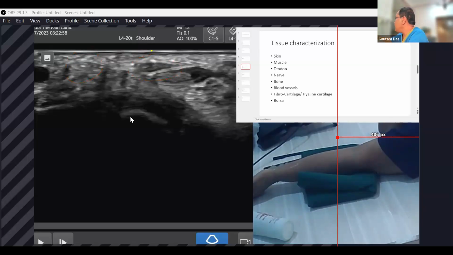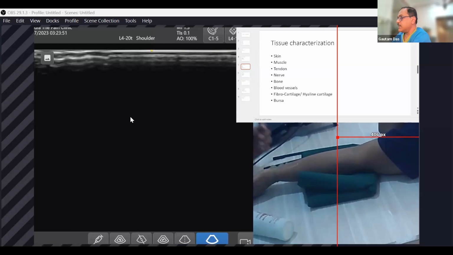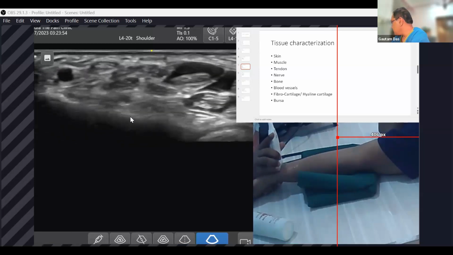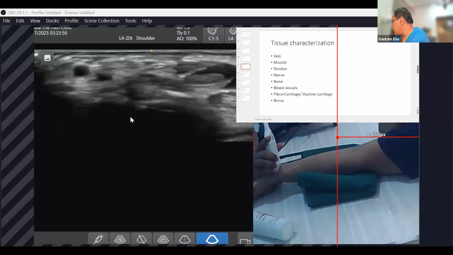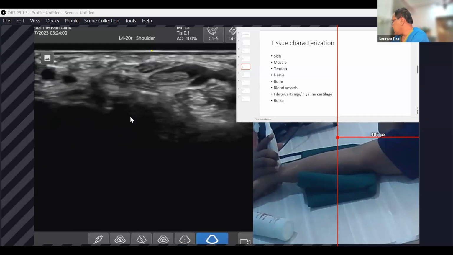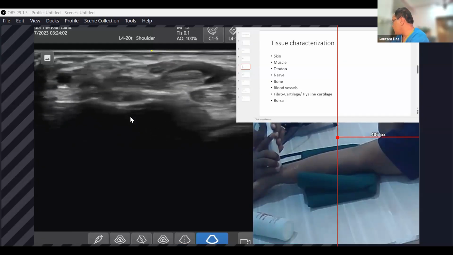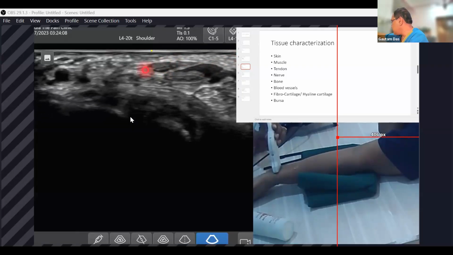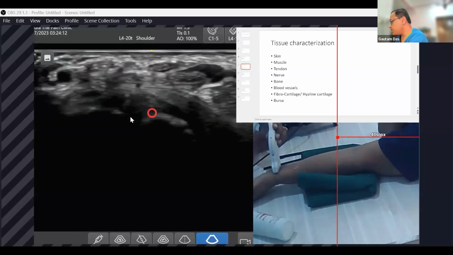But the contrast in the nerve will remain the same. So I'll show you again, and try to understand the difference between the tendon and the nerve. Here is the median nerve in the middle of the screen, which looks like a honeycomb. And on this side also you can see some structures, this is the nerve and this is the tendon, which looks like similar structures. But see, I'm toggling it.